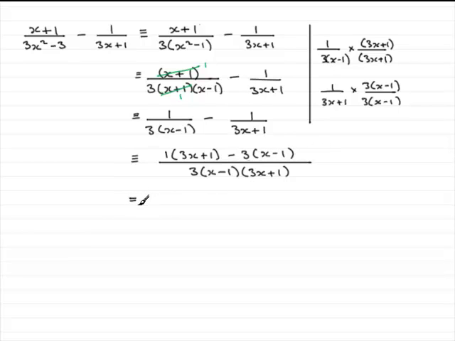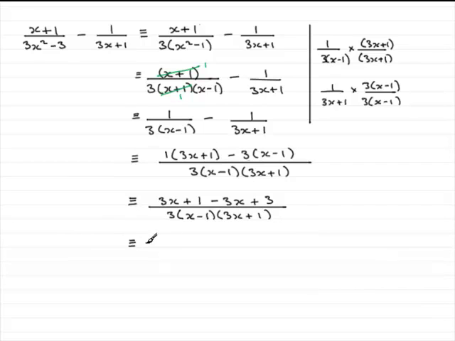Okay, all I need to do now is just expand the brackets, and we've got 3x plus 1 for the first bracket, and then we've got minus 3x plus 3. And all of that is divided by the denominator here, which we don't want to expand, so we just leave that in the brackets.